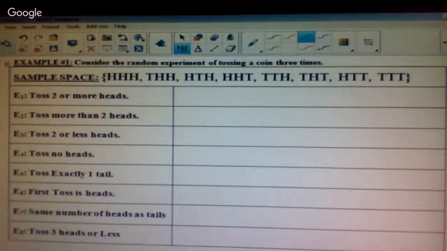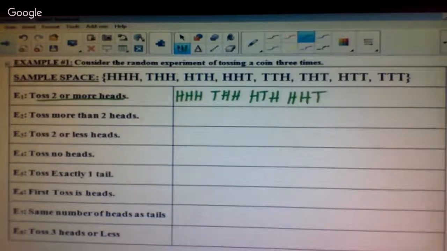Looking at the options we have, which ones fall under the category toss 2 or more heads? HHH falls into that category. THH, HTH, HHT. Anything else?